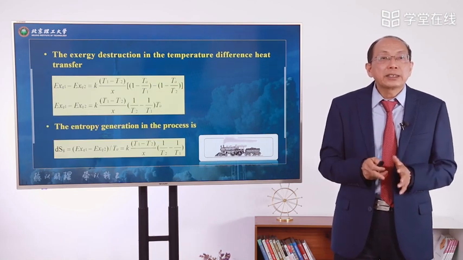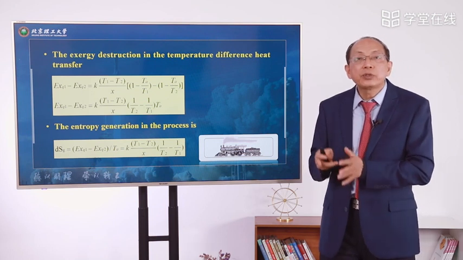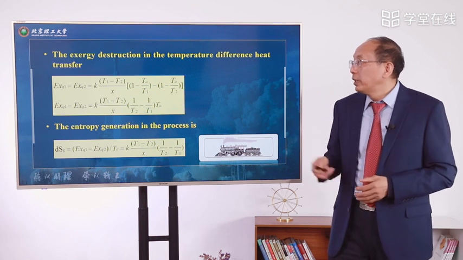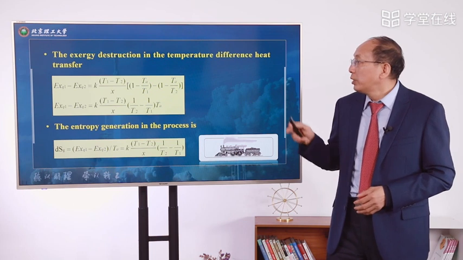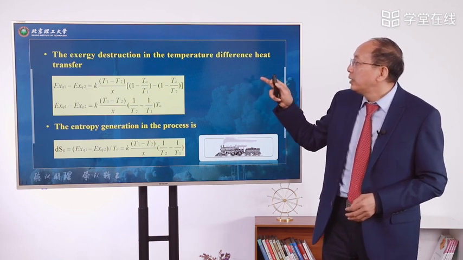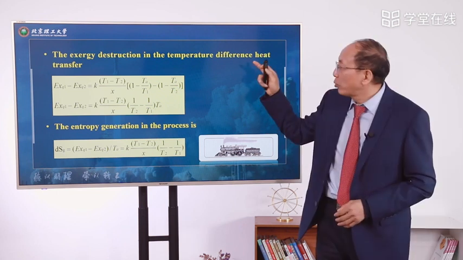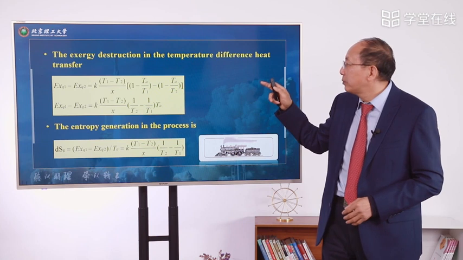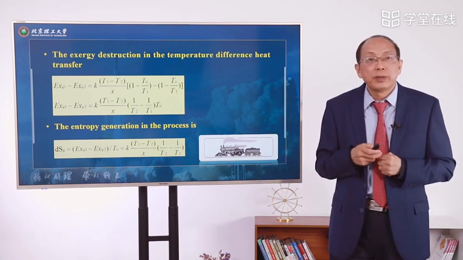So the exergy destruction in the temperature difference heat transfer, we can calculate: EXQ1 minus EXQ2 equals K (T1 minus T2) over X times (1 minus TA over T1) minus (1 minus TA over T2), two terms minus.